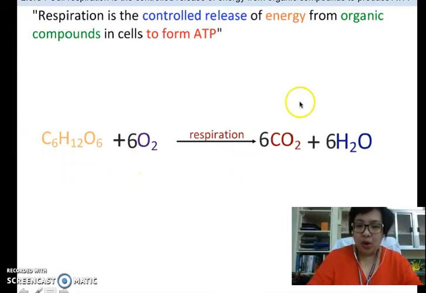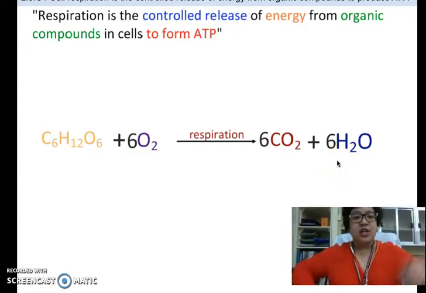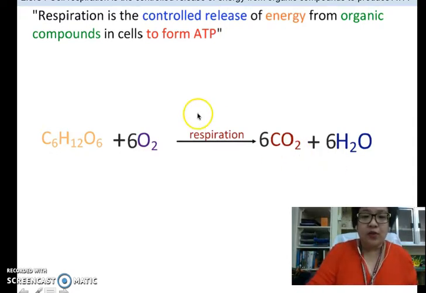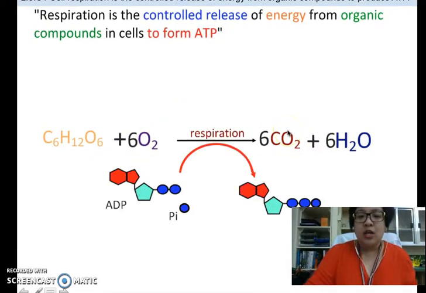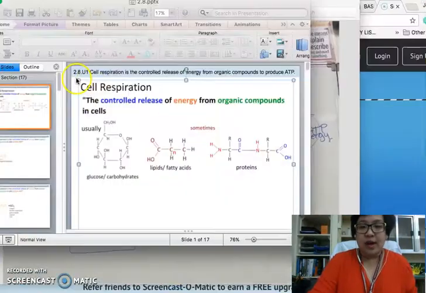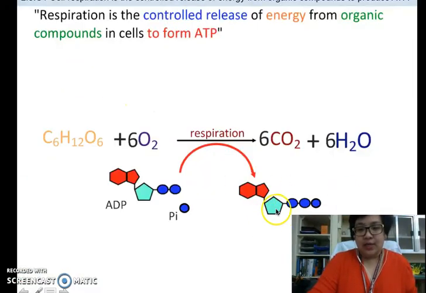CO2 is a waste product, and we breathe it out. Water is not really a waste product because this can be used by the cells in the many condensation and hydrolysis reactions inside the cell. Now, the whole process of breaking down glucose into these products yields a large amount of ATP.